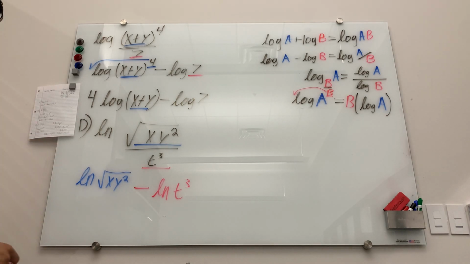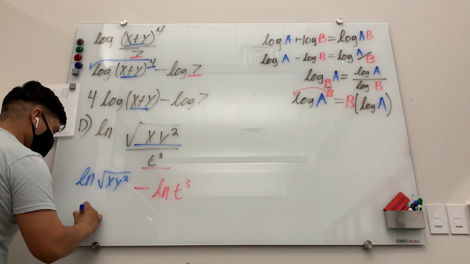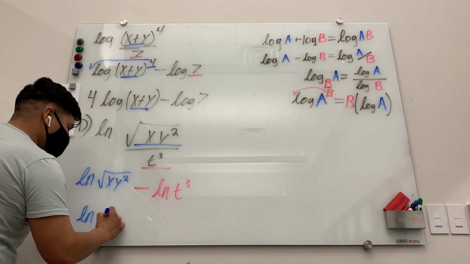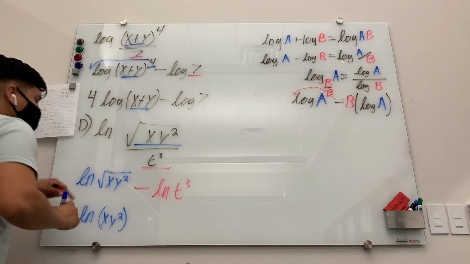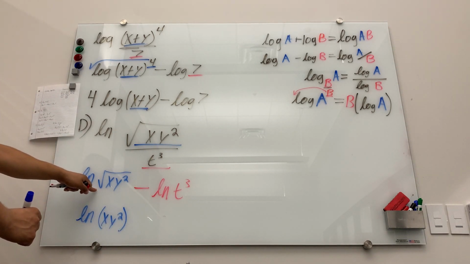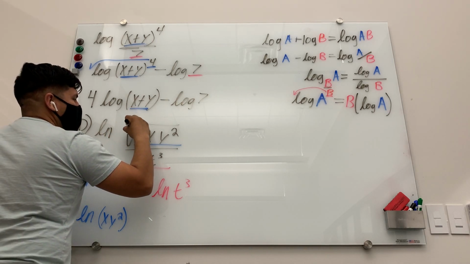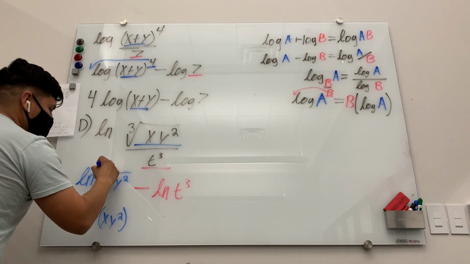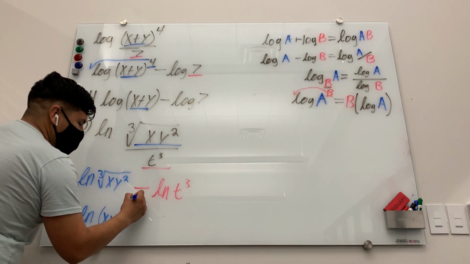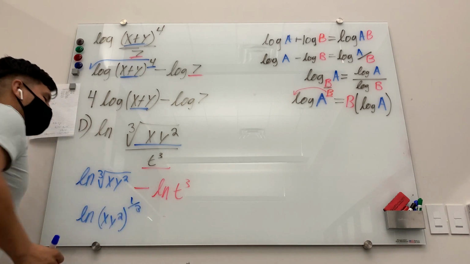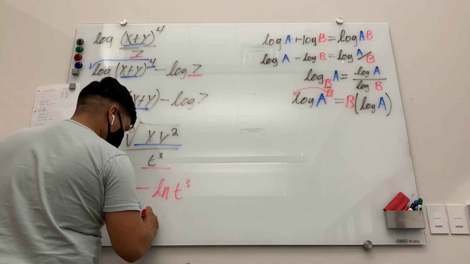From here, we can rewrite this natural log as natural log of xy squared. This here was supposed to be the cube root. Forgot that right there, sorry about that. Cube root, which means this is a third, raised to the 1/3 power, minus our natural log of t cubed.